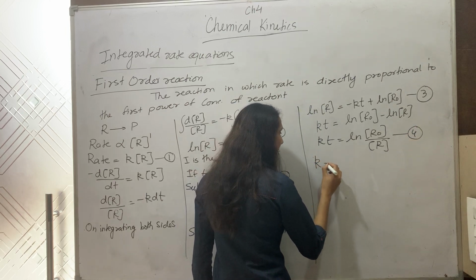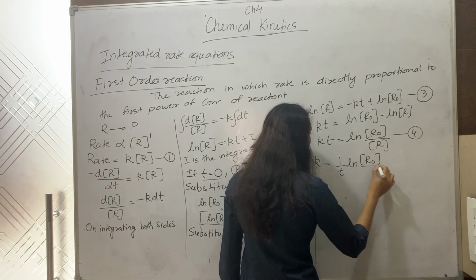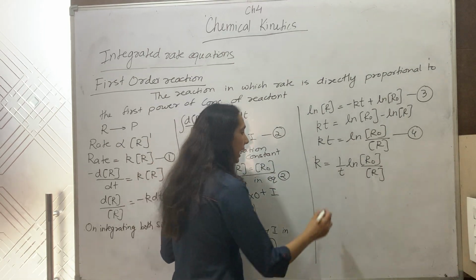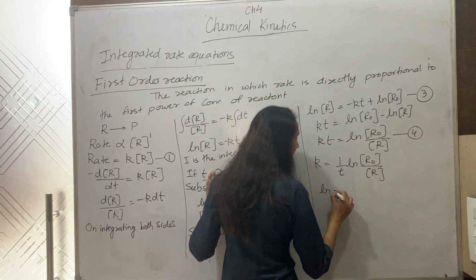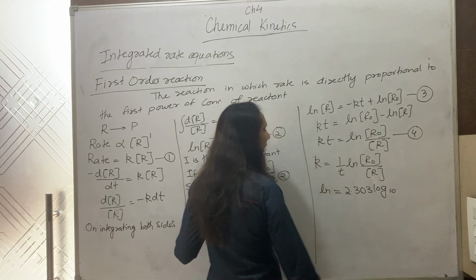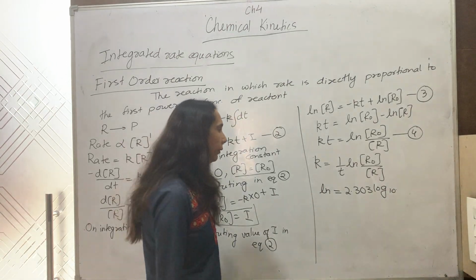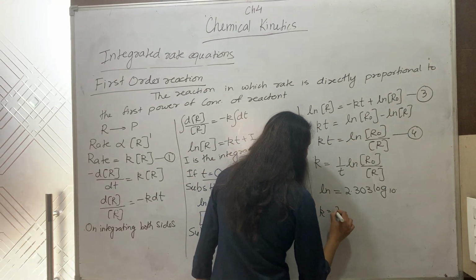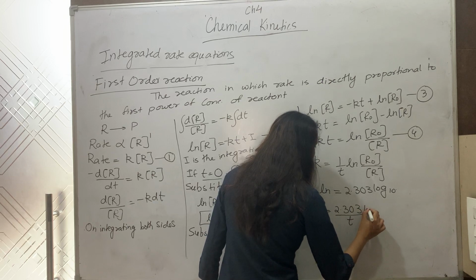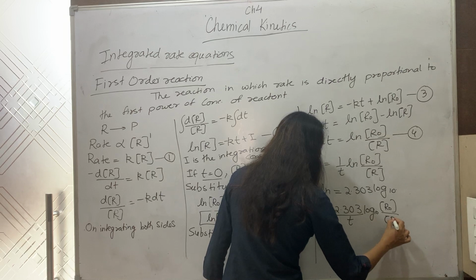The rate constant k will be equal to 1 upon t ln [R]0 by [R]. And we know that ln, a natural logarithm, is equal to 2.303 log to the base 10. So substituting, we get k is equal to 2.303 upon t log to the base 10 [R]0 upon [R].